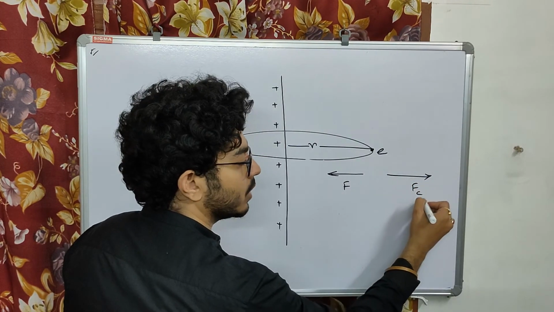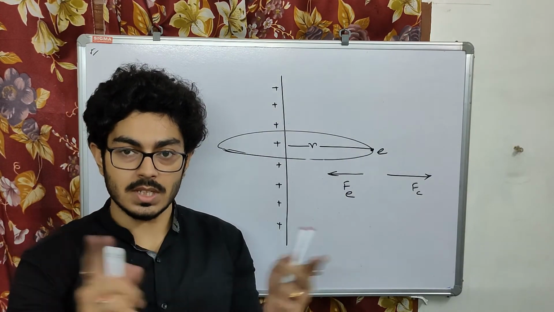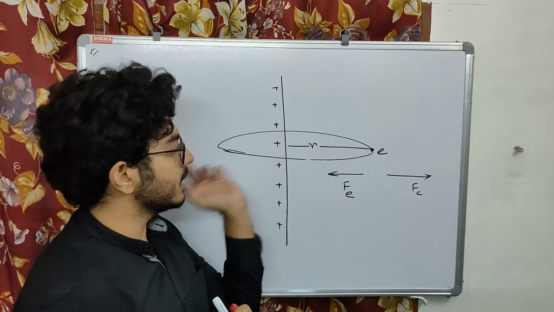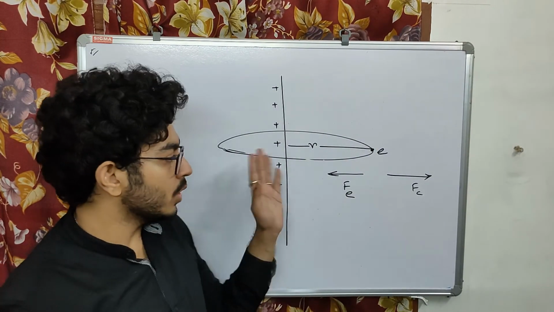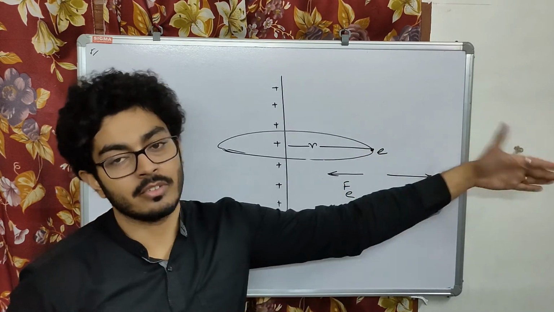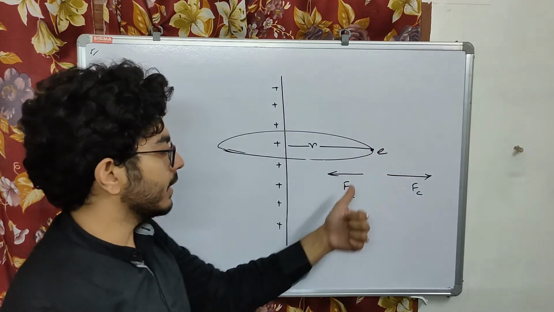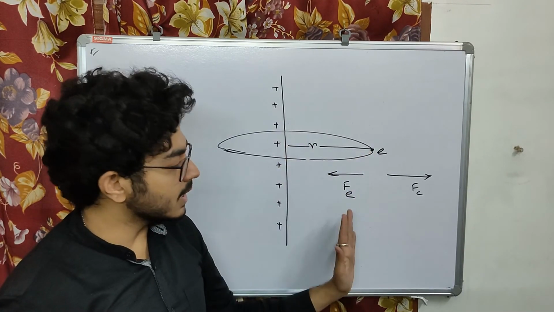This is the centrifugal force and this is the electrostatic force. Because these two forces equate each other, the electron can revolve. Otherwise, if Fc, the centrifugal force, were greater, the electron would go out of this orbit, and if Fe were greater, the electron would collapse onto the line. So this is the condition.